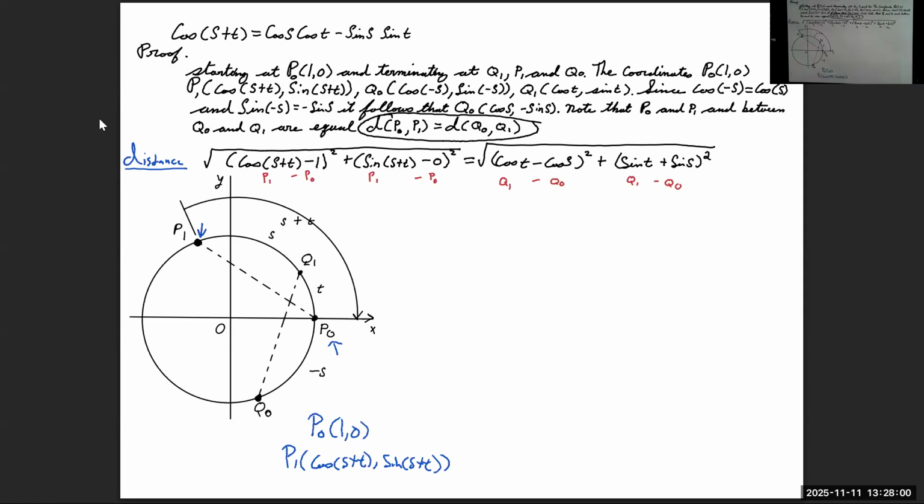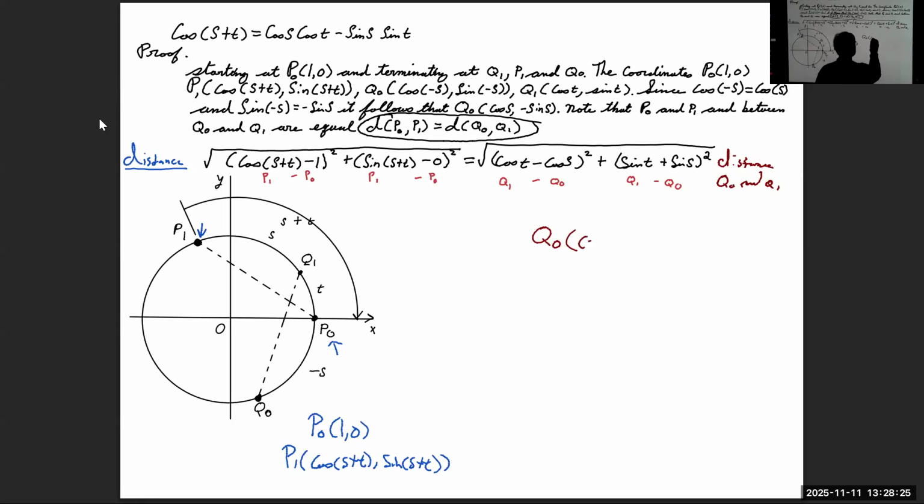The right-hand side has to do with Q1 and Q naught. So this is the distance between Q naught and Q1. Okay, so remember that Q naught is negative s. We talked about that.